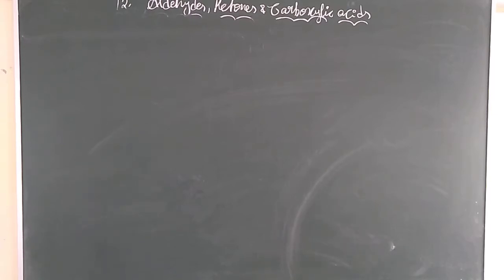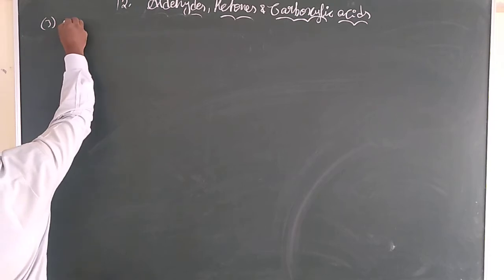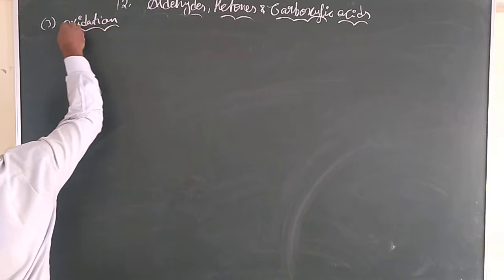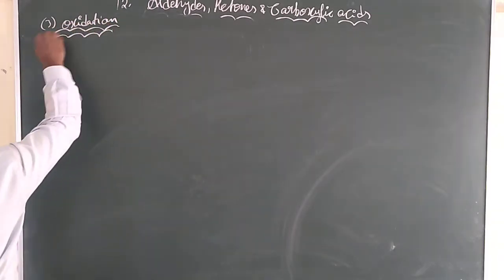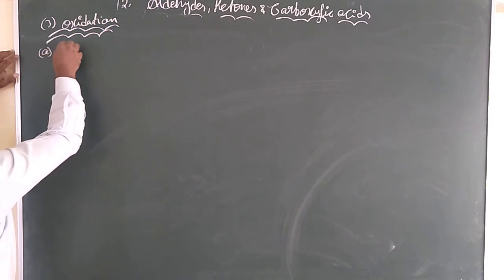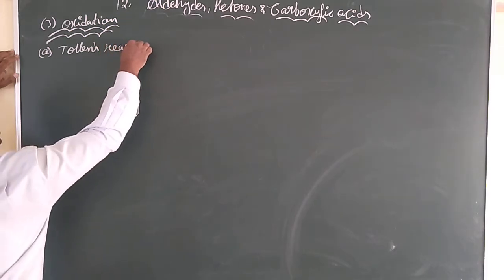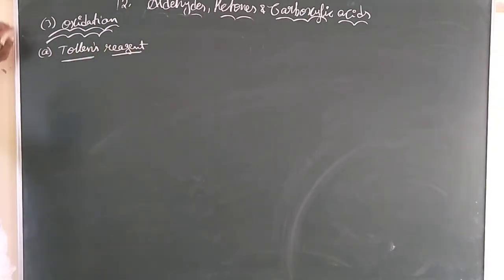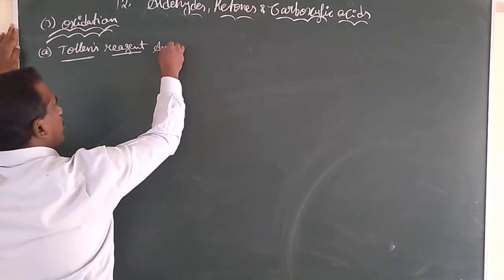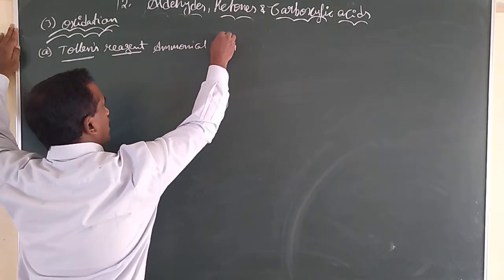Okay, good. So the third one. What is the third one we are having? Oxidation reactions. I did not want to specially introduce anything about oxidation reactions. You already know about the Tollens reagent. I will just ask you the names, not what is happening. What is Tollens reagent? Generally you call it ammoniacal silver nitrate.